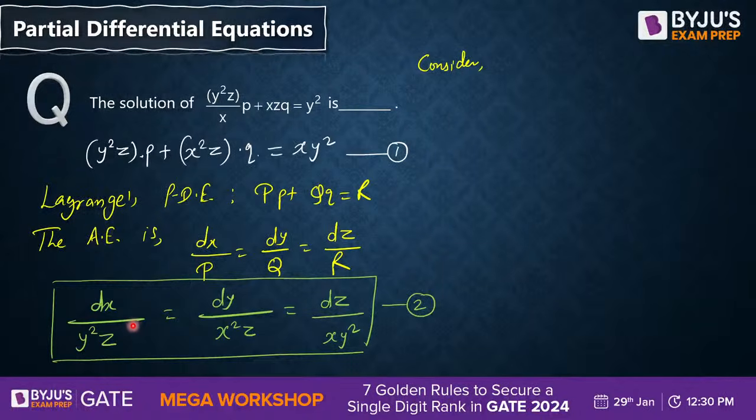If I consider first and third, will it work? If I consider first and second, then also it will work. So I am considering first two. सबसे पहले मैं ले रहा हूँ first two ratios, dx upon y square z and dy upon x square z. Comfortable with this?